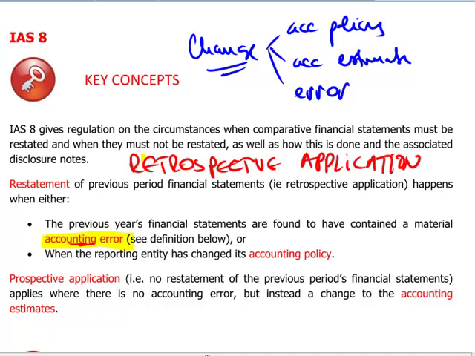When we change an accounting estimate, like let's say we decide this year to increase the provision for bad debt from 2% of the year-end balance to 5% of the year-end balance, that is not a change in an accounting policy. That is actually a change in an accounting estimate.